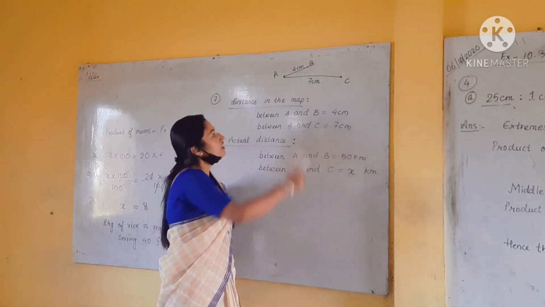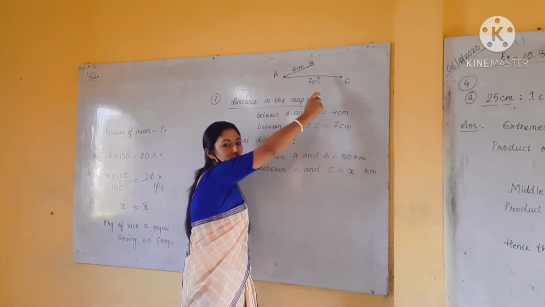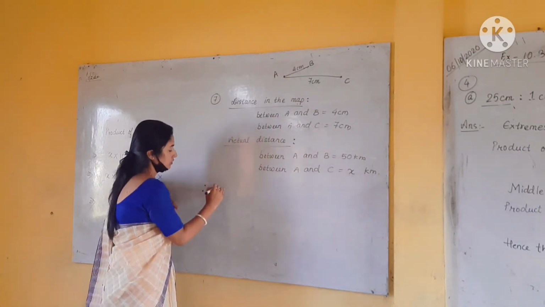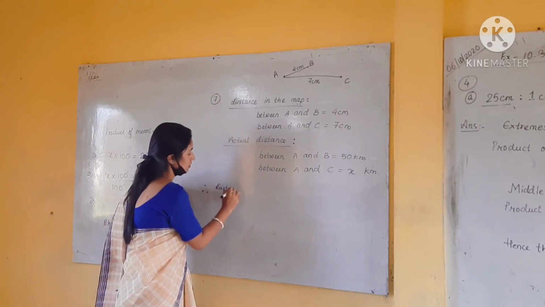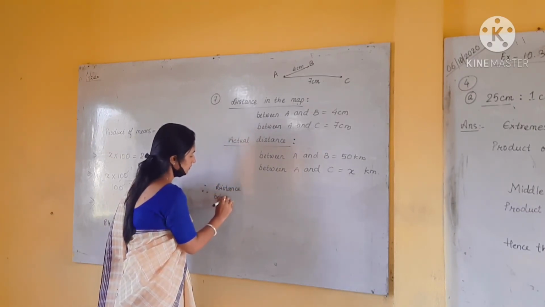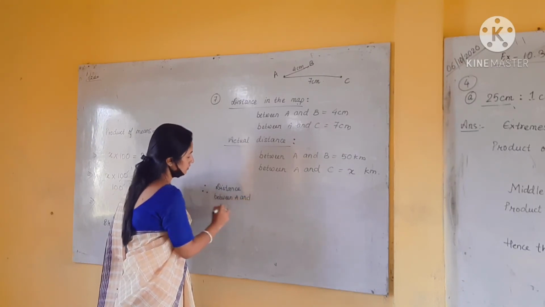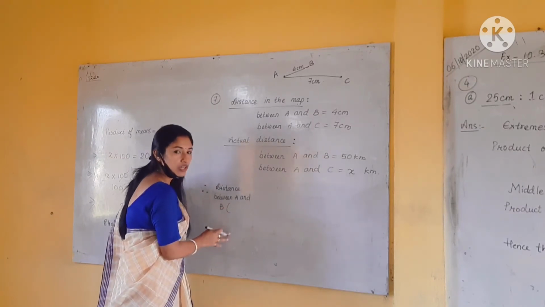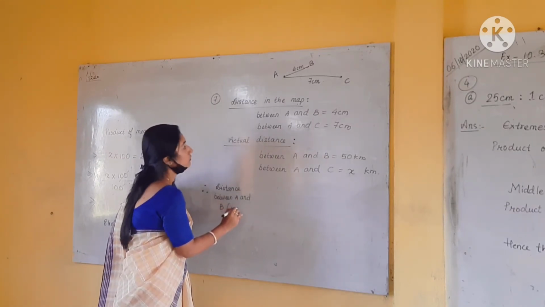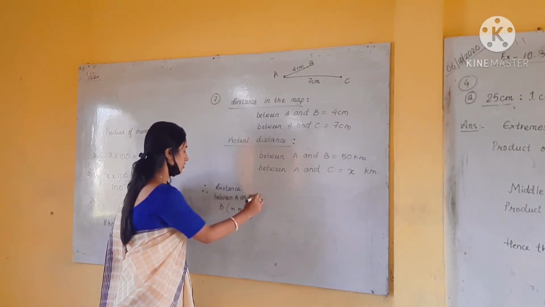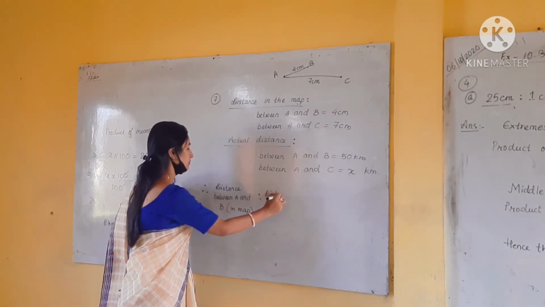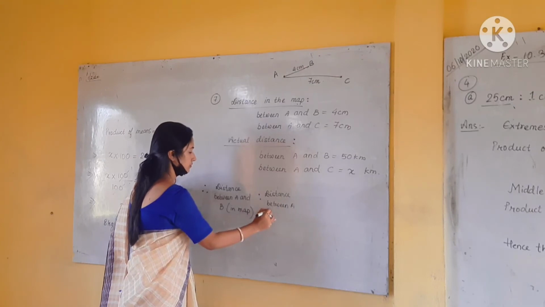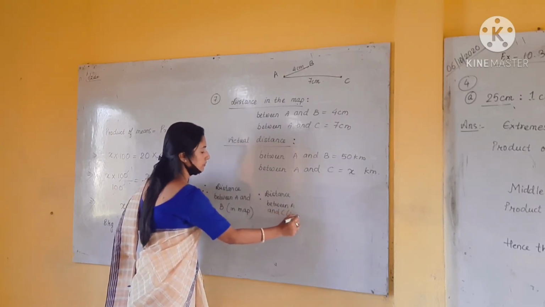More than, because the distance between A and C is more than the distance between A and B. So therefore write distance between A and B in map. Next write distance between A and C in map.